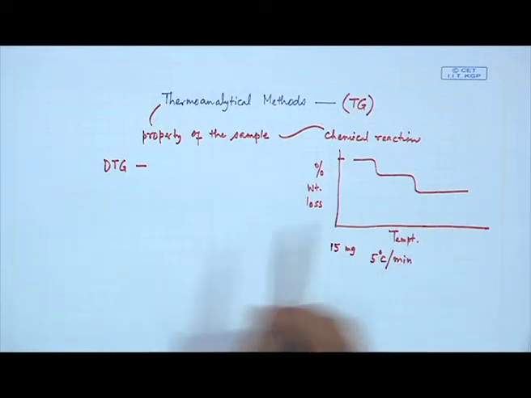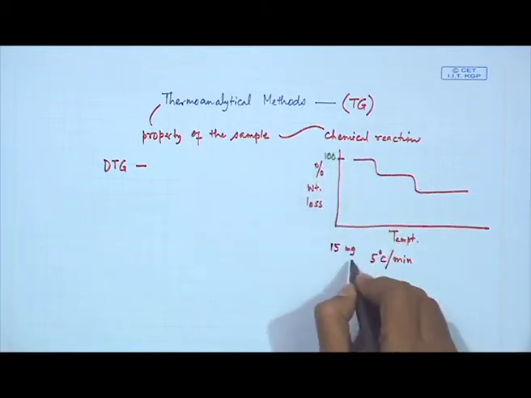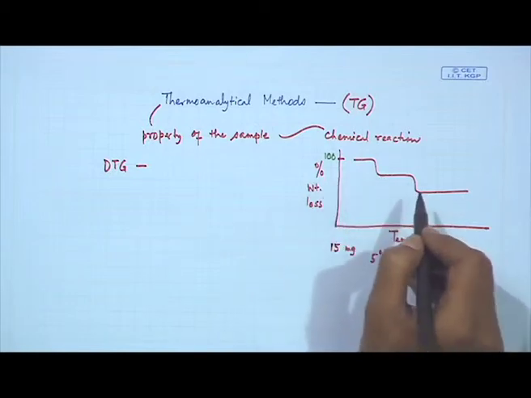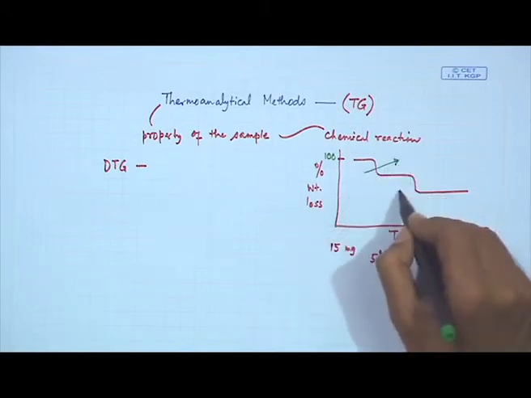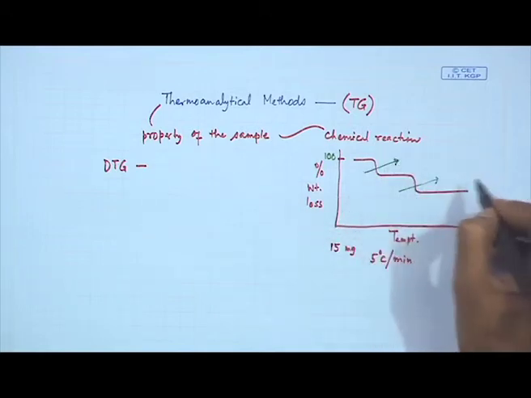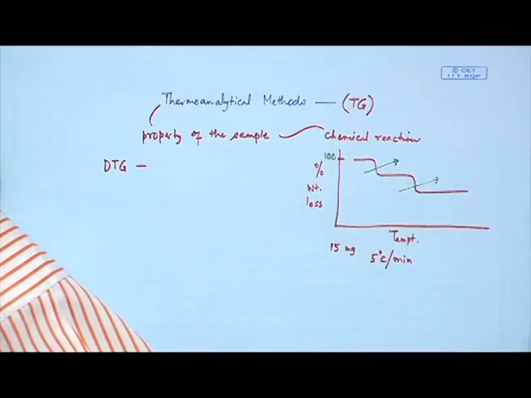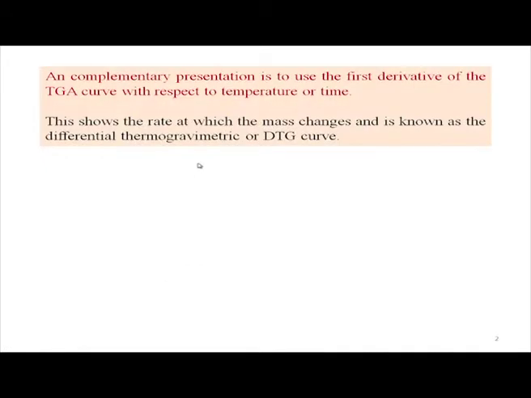So, this can be synchronized in such a way that 15 milligram sample will be your 100% sample, and then we find the percent weight loss, because that will immediately tell us what is going out from here and what is going out from here as moisture or any other gas.